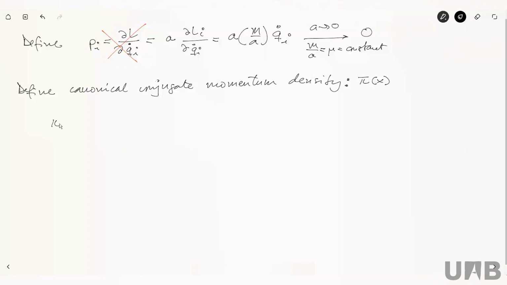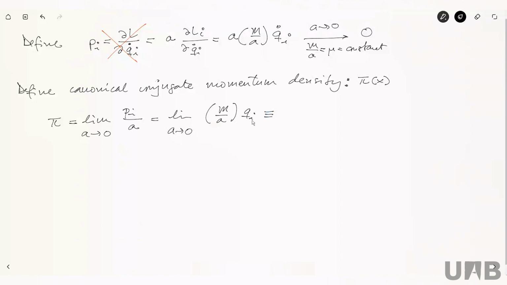So this pi is going to be the limit when a goes to 0 of p_i divided by a. And this is going to make sense because this is the limit when a goes to 0 of m over a times q dot i.